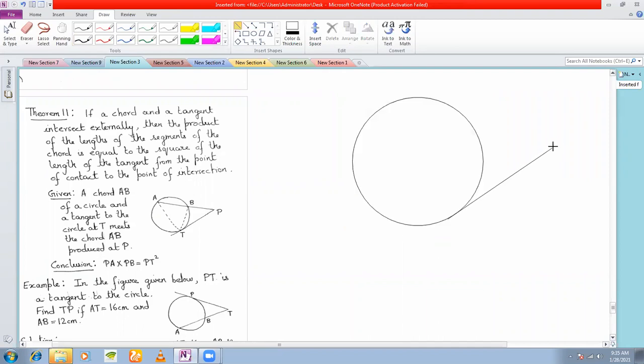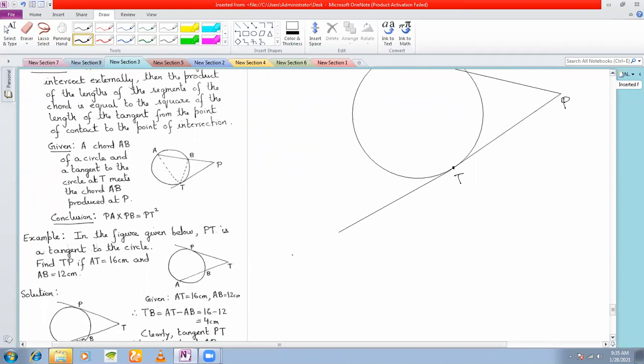You have a tangent and say you have a chord. You have a chord AB and you have a tangent at the point of contact T, and they intersect, say, at the point P. Then according to this theorem, let's see what is given here.